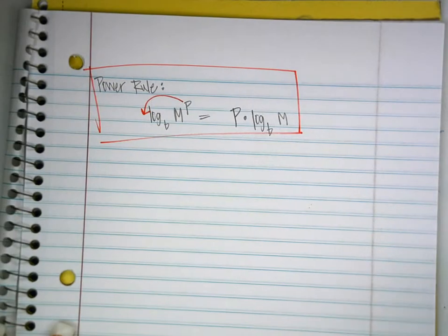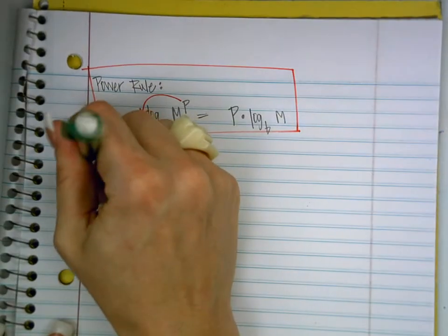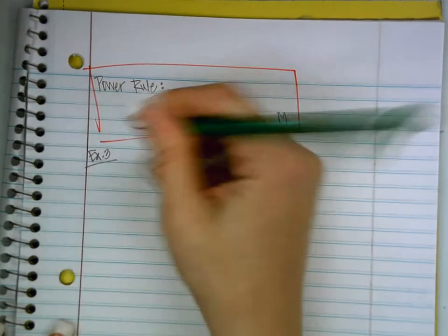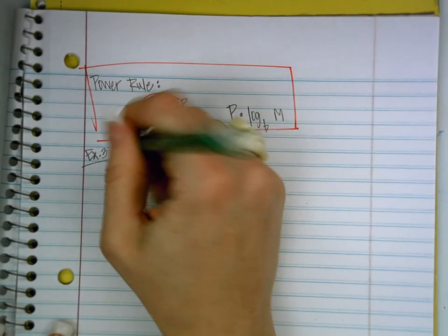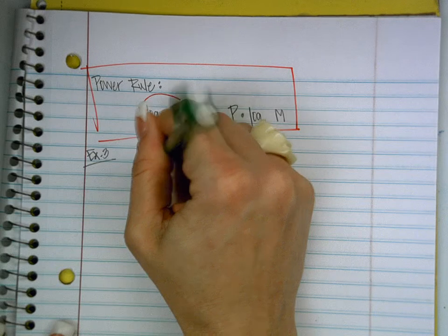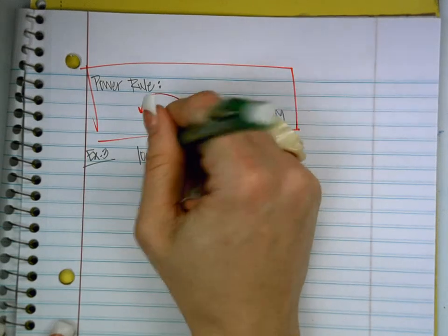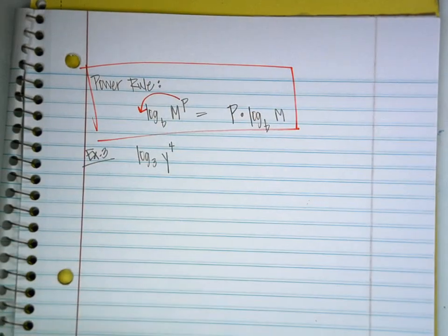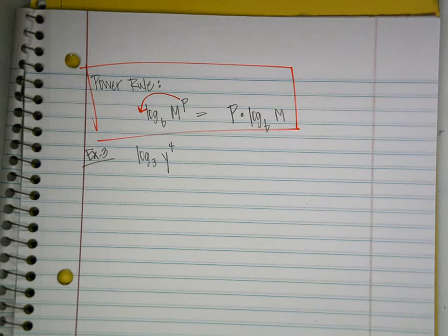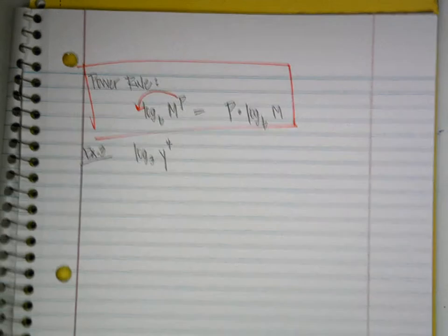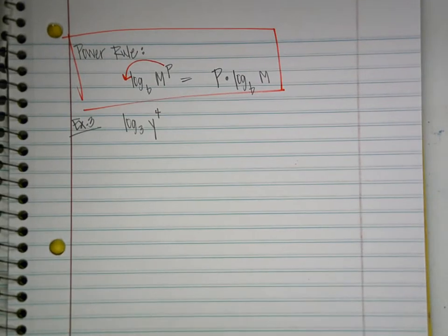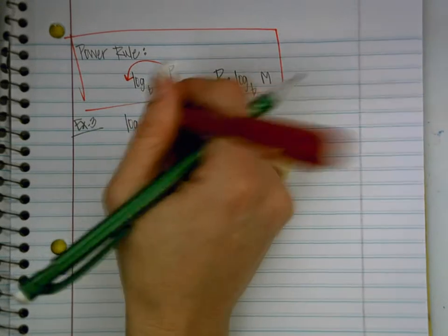So that's going to look something like this. If I asked you to condense log base 3 of y to the 4th power, just like in the power rule, this little power dog gets to walk.